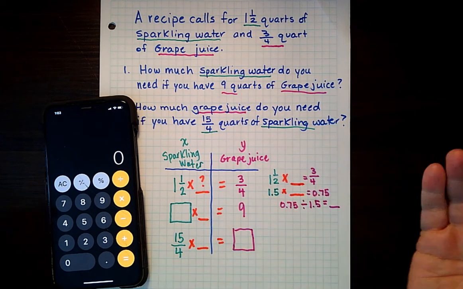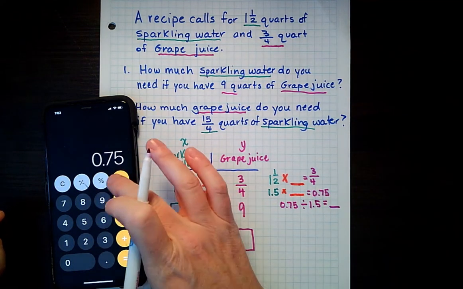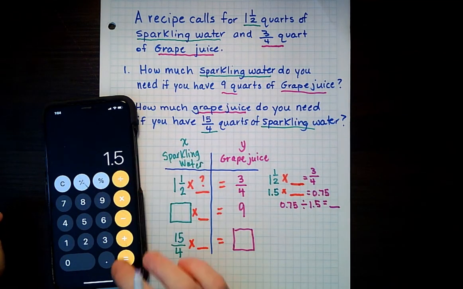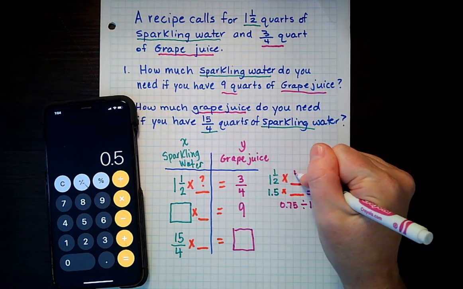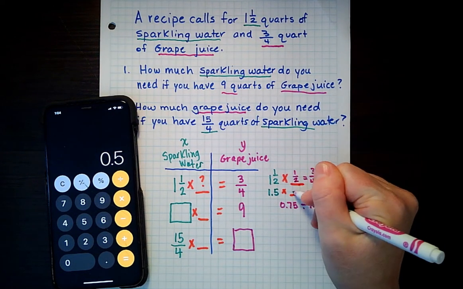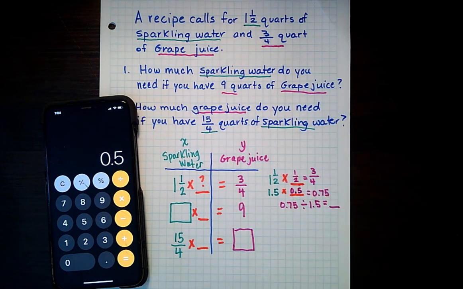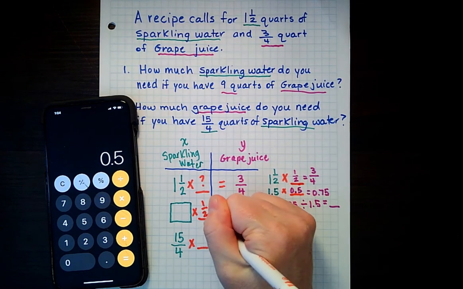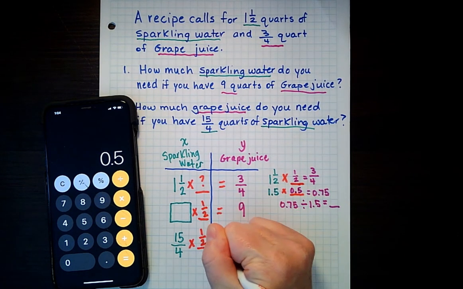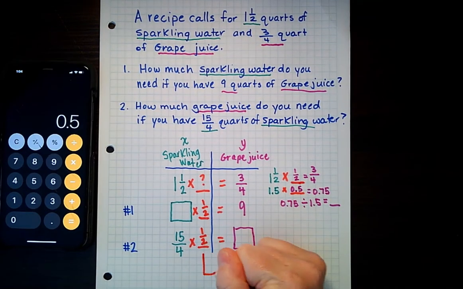When it's multiplication, I'm working backwards, the inverse. 0.75 divided by 1.5. Oh, look at that. 0.5. Well, I know what 0.5 is. That's a half. I could leave it in decimal form, or I could write it as a fraction. So I just figured out my constant. My constant is a half, 1/2.